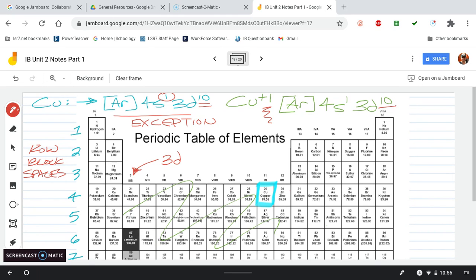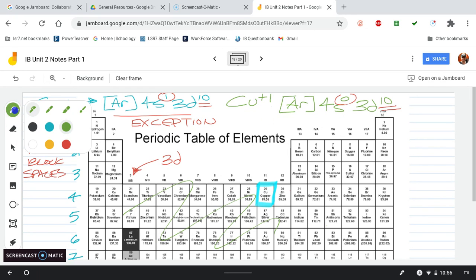It doesn't lose from D. It's going to lose that one. So that 4s1 is going to be the one that gets lost. And so this becomes a 4s0. So it's argon 4s0, 3d10. Guys, that is a double exception.